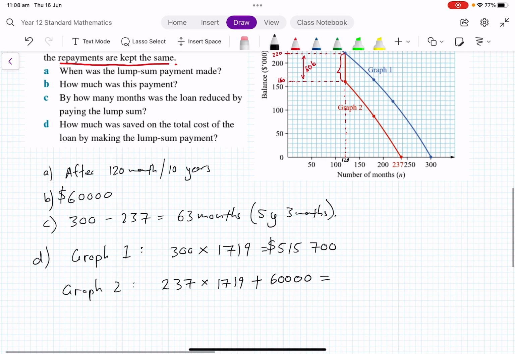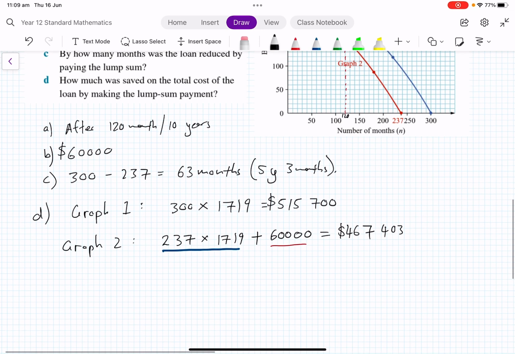So it's the regular repayments plus a lump sum. If we work that out, 237 times 1,719 plus 60,000 is equal to 467,403. So how much have we saved?